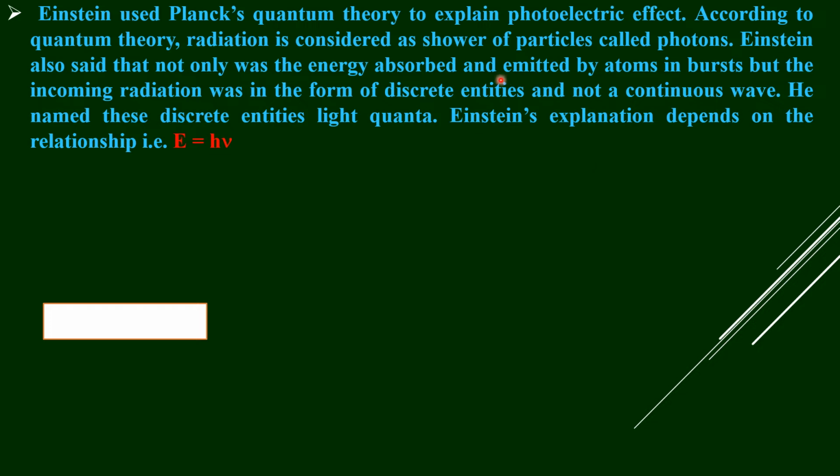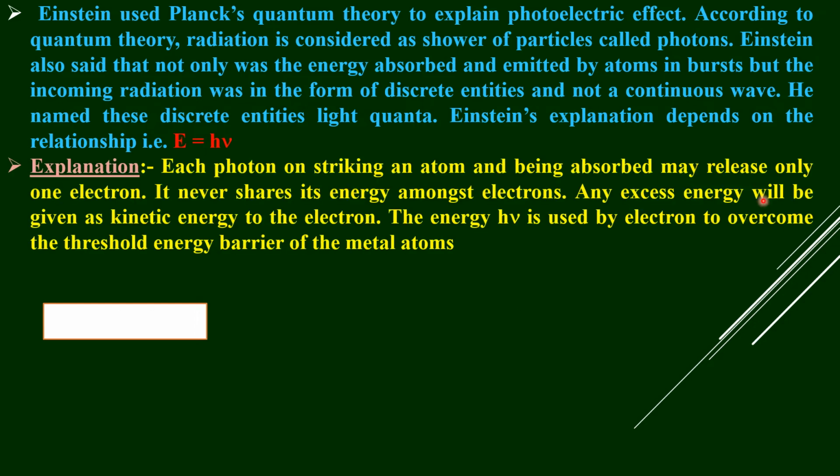Einstein said that according to quantum theory, radiation is considered a shower of particles called photons. He also said that not only was energy absorbed and emitted by atoms in bursts, but the incoming radiation was in the form of discrete entities, and not a continuous wave as in classical theory. He named these discrete entities quanta, and Einstein's explanation depends on the equation E equal to h nu.